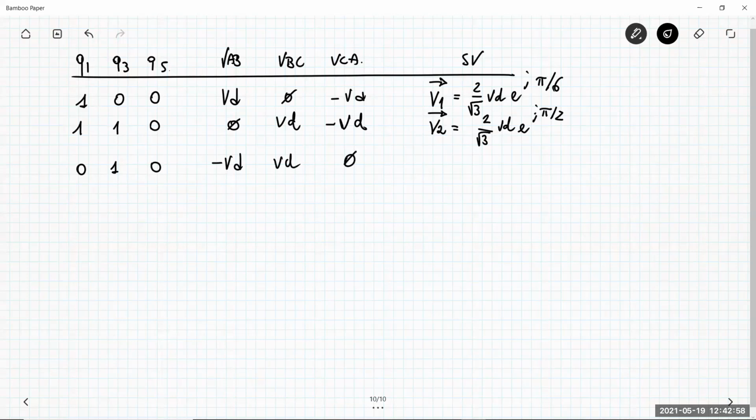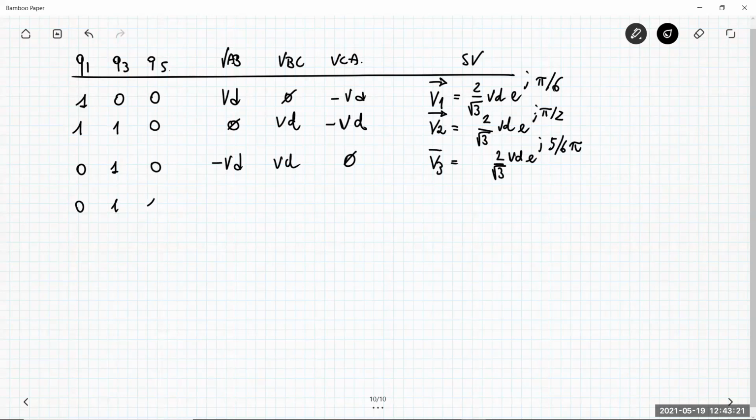Again, we can apply the space transformation in order to get V3, which has the same amplitude of the V1 and V2 space vectors, but a different angle.